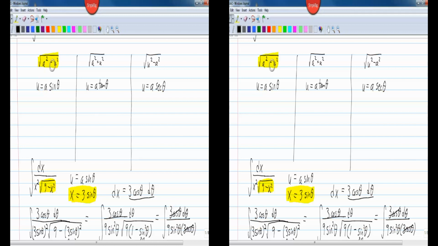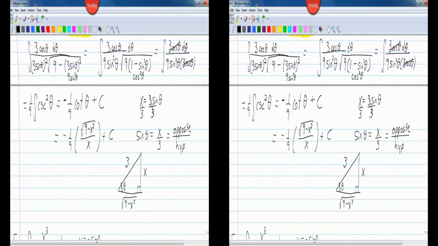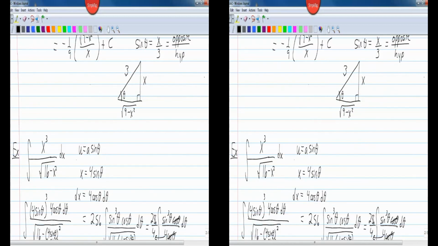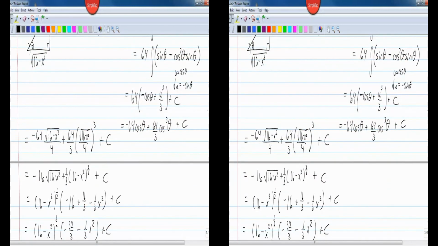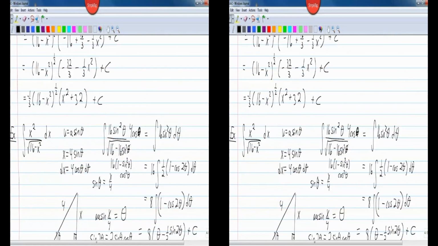But once you figure out what type of substitution it is and you make the appropriate substitutions, you integrate, then you make the right triangle and you change it back to algebra. Okay? So there are a couple of special cases.